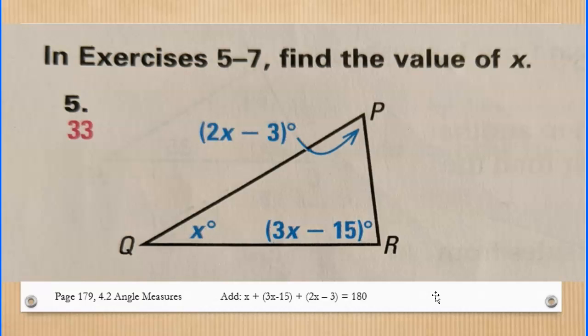So we're going to add the 18, and what we will get is 198. And then you will divide all of that, and you come up with 33. I'm going to trust their measurements. So if you haven't worked this out, x plus 3x minus 15 plus 2x minus 3 equals 180. You do the math, and you should come to 33.